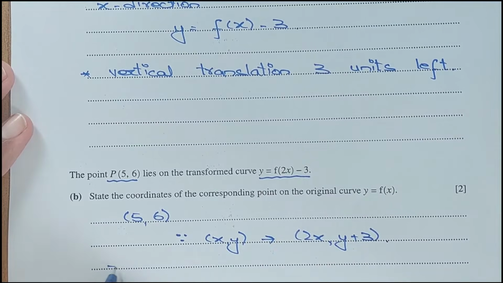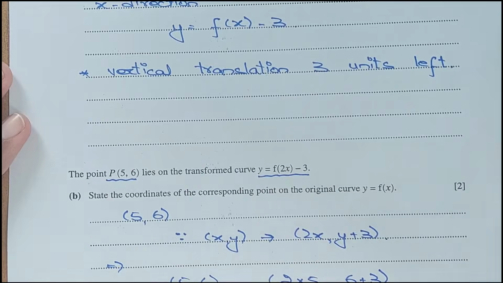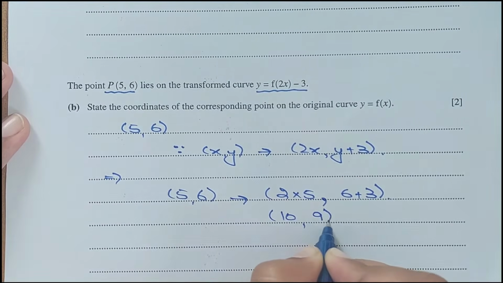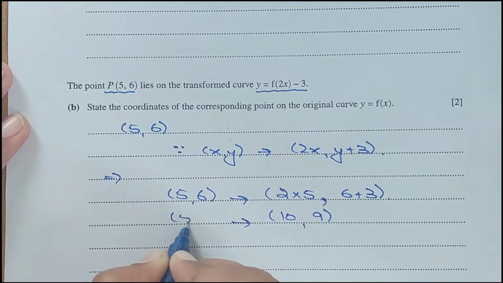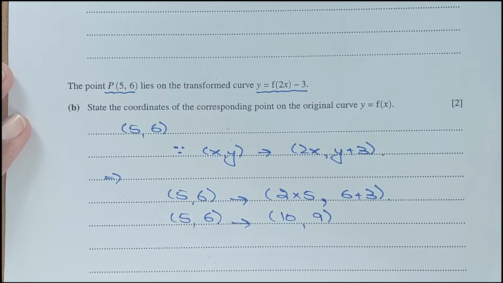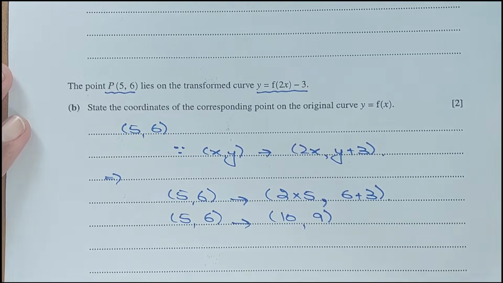So (5, 6) changes to (2 times 5, 6 plus 3). 2 times 5 is 10 and 6 plus 3 is 9. So the point (5, 6) changes to (10, 9). These are the coordinates of the corresponding point on the original curve.